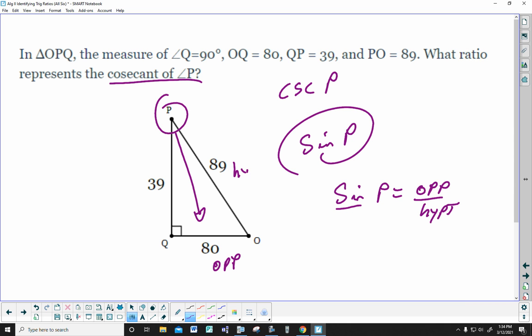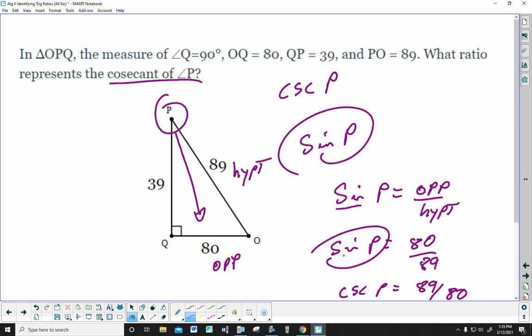This side is your hypotenuse. So the sine of p is going to be 80 over 89. So, ergo, therefore, cosecant of p is going to be 89/80. There you go. So I find the cofunction, I find the sine, and take the reciprocal. Okay?